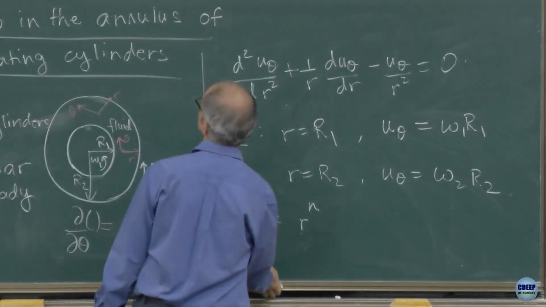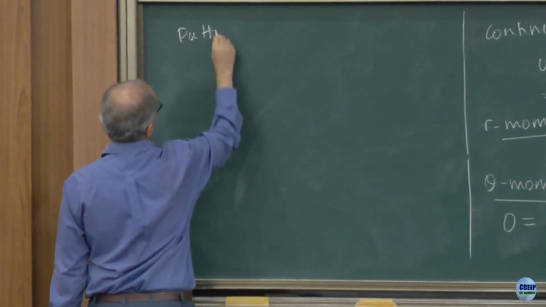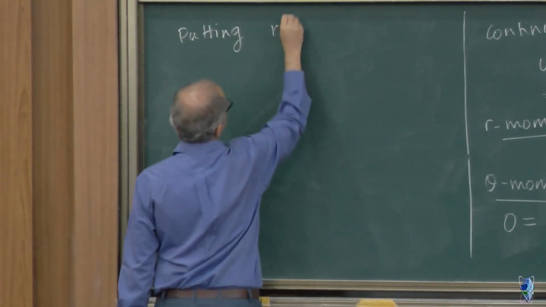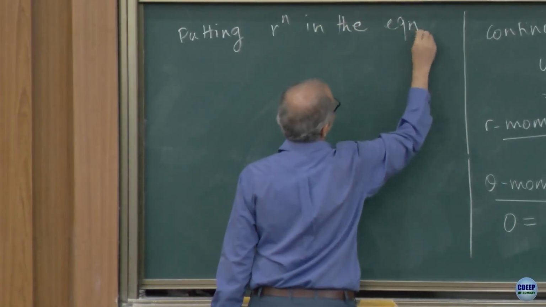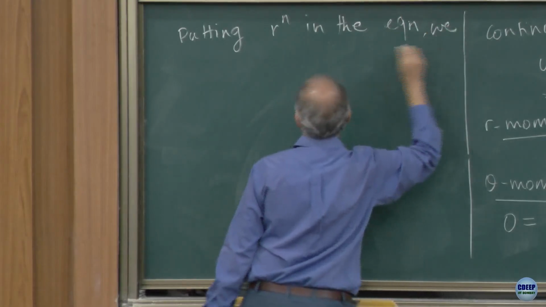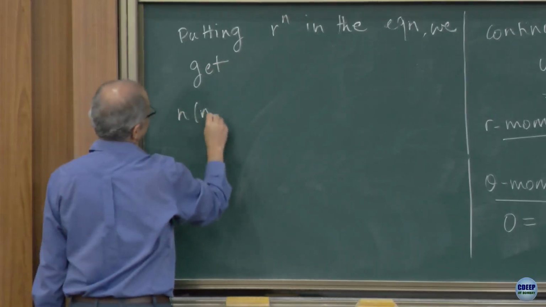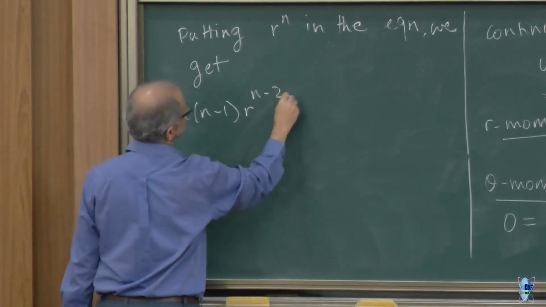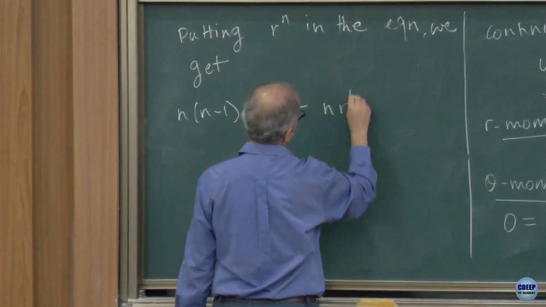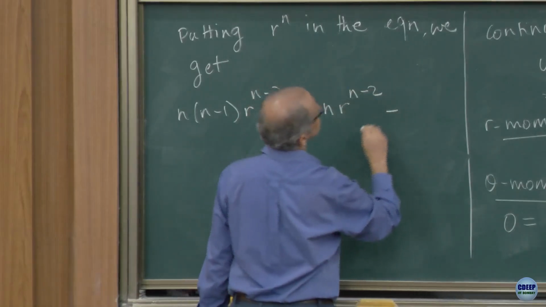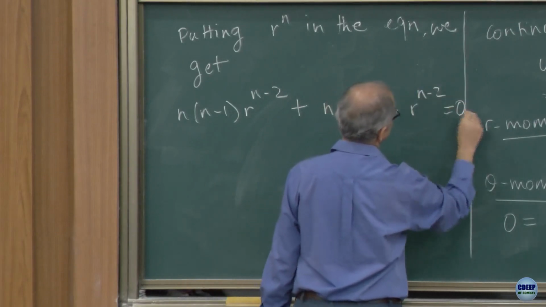So upon substituting r to the power of n in the governing equation, we get n(n-1) r^(n-2) + n r^(n-2) - r^(n-2) = 0.